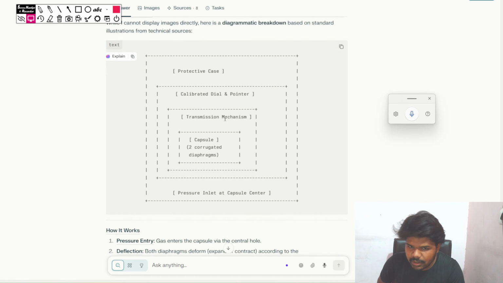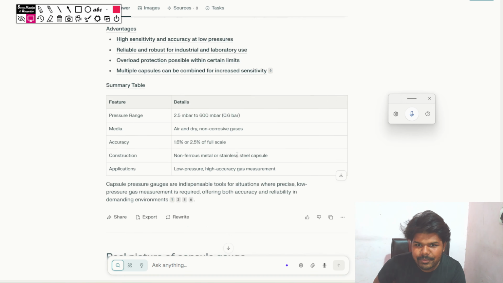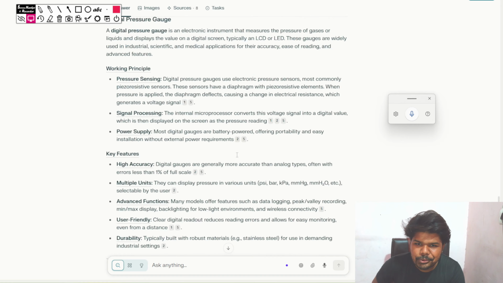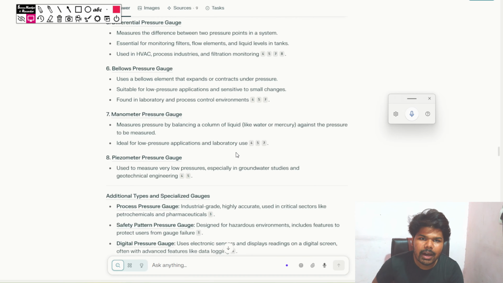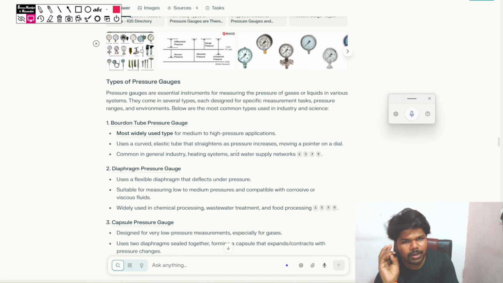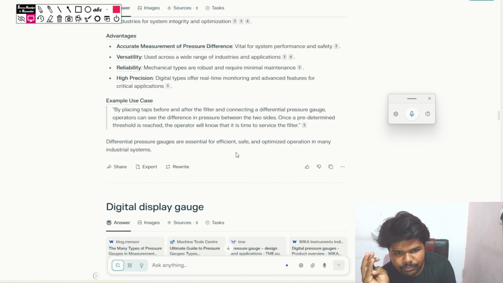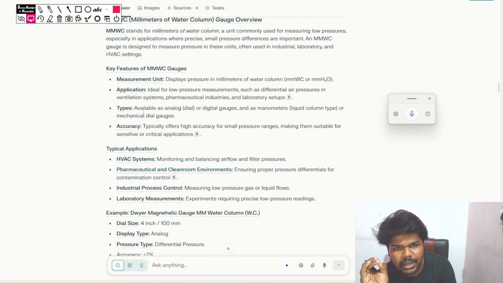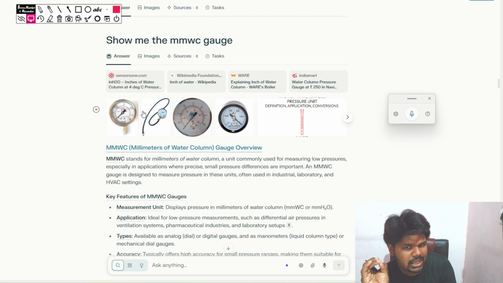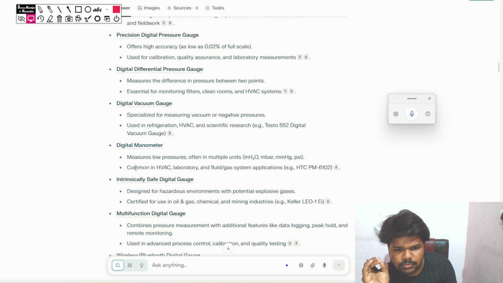Did you see the capsule type? Okay, let's move to the other pressure gauges. What we completed: Bourdon tube type, capsule type, diaphragm type, digital type. We have watched four types of pressure gauge.